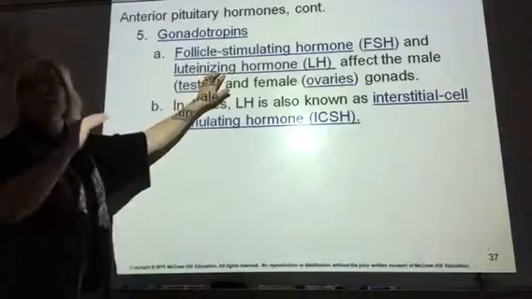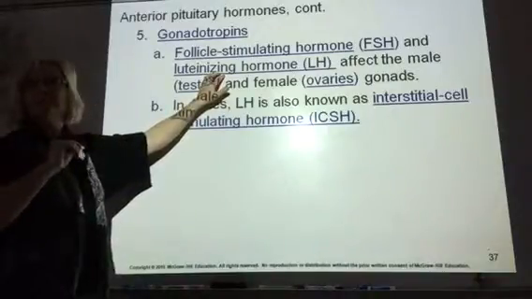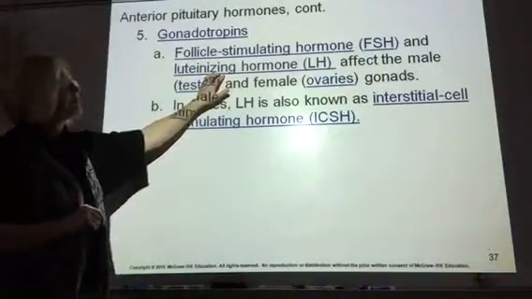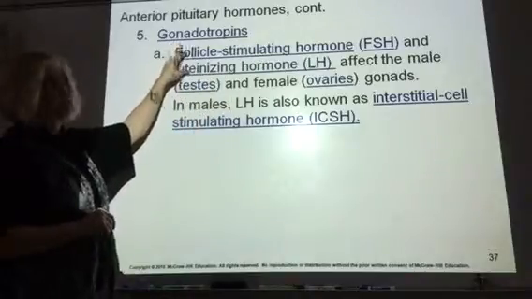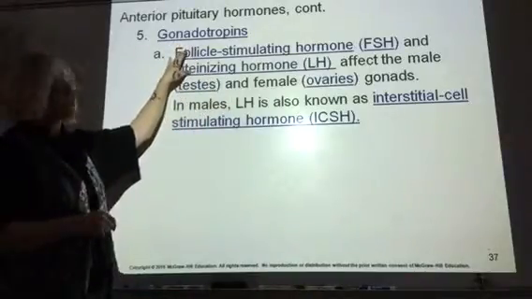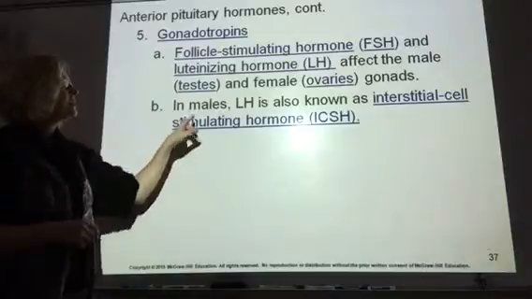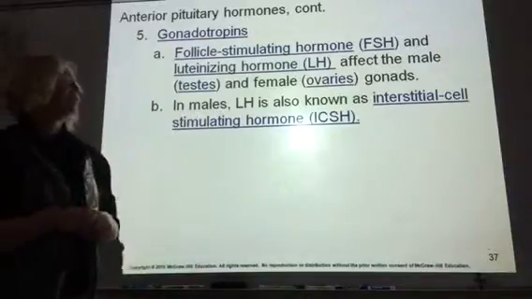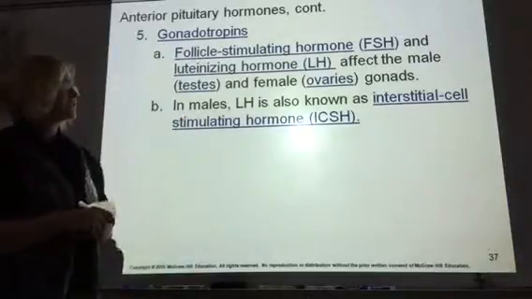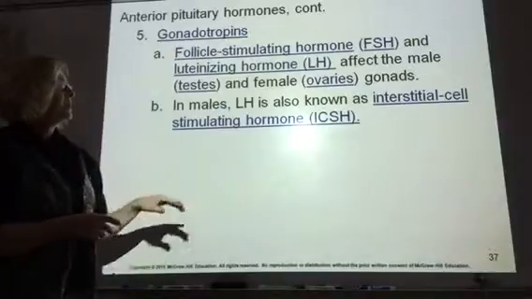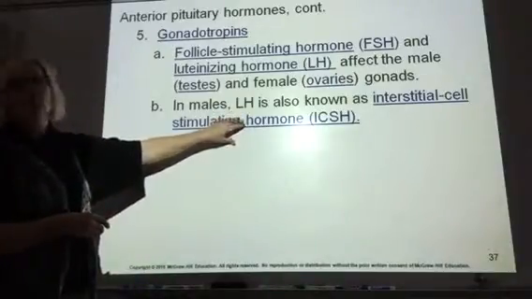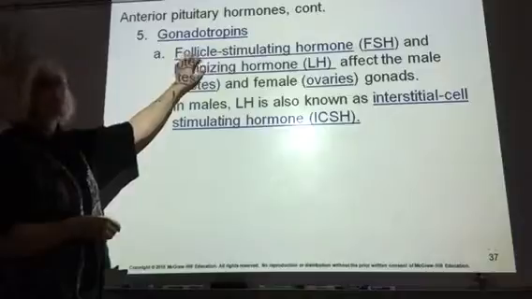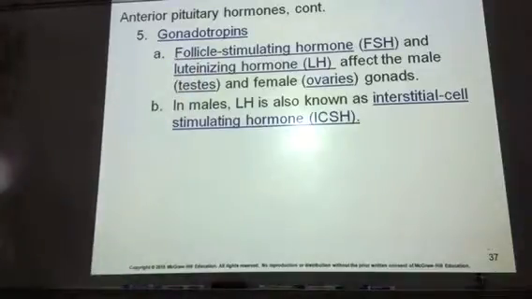Luteinizing hormone is going to peak in females at different times during their menstrual cycle. So I'm assuming that you've at least heard these terms before. In males, LH is also called interstitial cell stimulating hormone. Not so concerned that you probably know that, but this part here you should know, because you should have had that in the past.